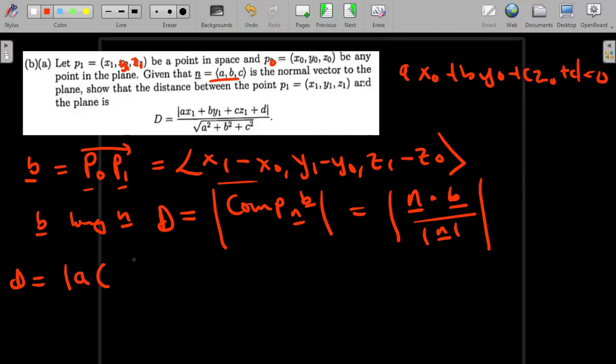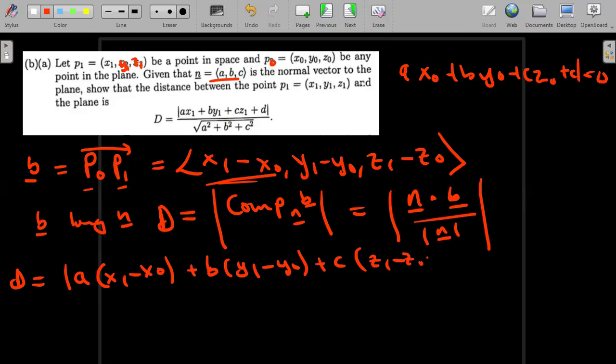So a multiplies this component, which is x1 minus x naught, like that. Then plus b multiplies y1 minus y naught, then plus c multiplies z1 minus z naught, then modulus like this, then divided by the magnitude of that vector.